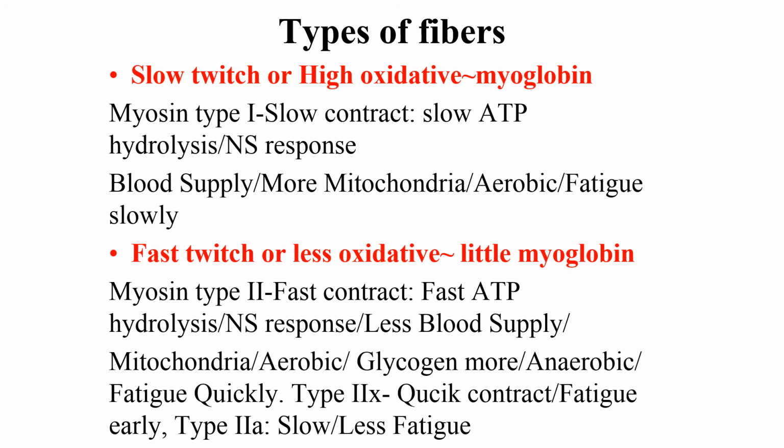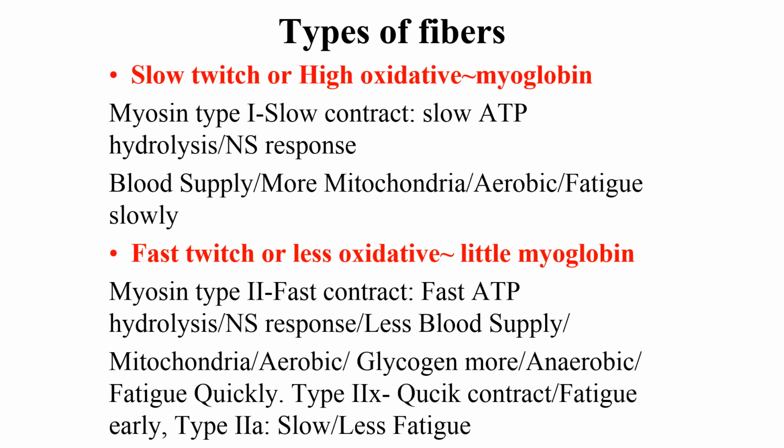Myoglobin is only present, myo means muscle, inside the muscle cell, and it acts as storage of oxygen for muscle. So if myoglobin is present more, these fibers or muscle cells are called highly oxidative. They are also called slow twitch because they contract slowly.